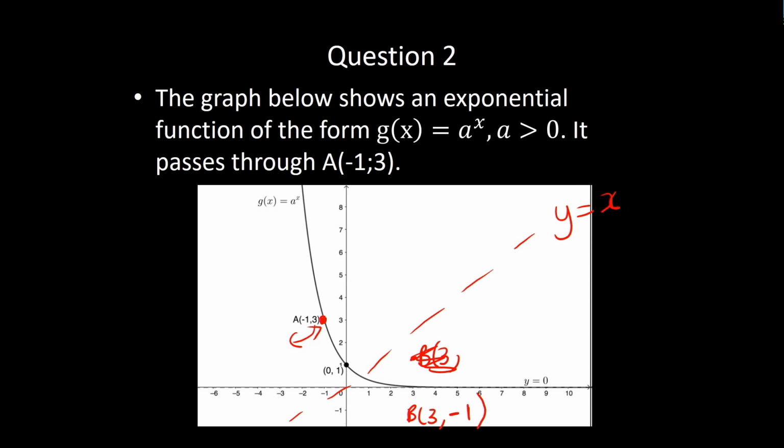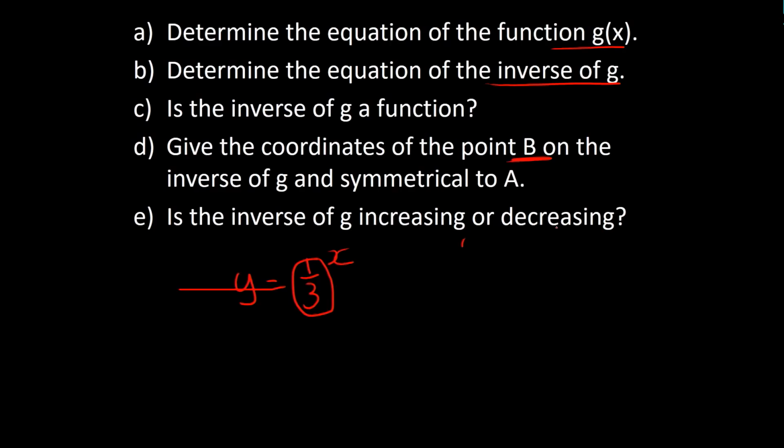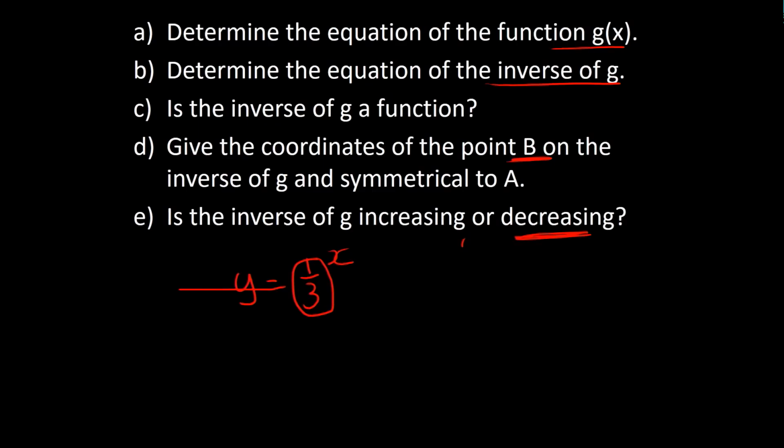As you see, we've got an exponential function that's decreasing, and we will in fact get a log function that will also be decreasing. So is the inverse increasing or decreasing? It is decreasing, because the original function was decreasing. So it makes sense that the inverse graph is also going to be decreasing.